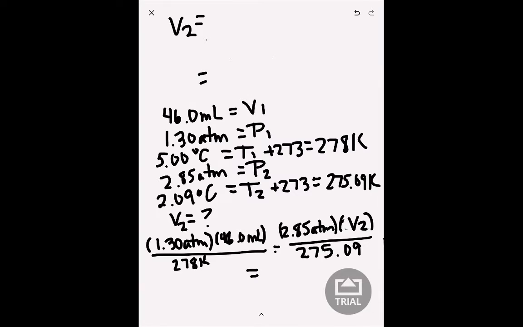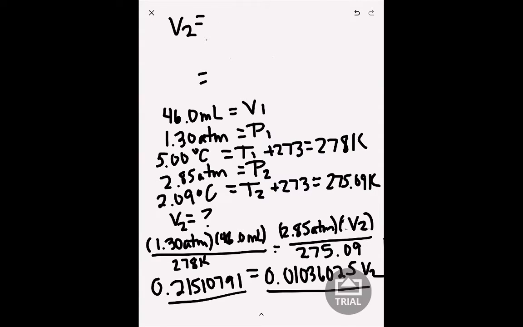All right, so over here, 1.30 times 46.0 divided by 278. Oh yeah, that wasn't wrong. 0.2151071. On this side, that's what's different: 2.85 divided by 275.09. Okay, 0.01036025 V2. Now we're going to have to divide both sides.